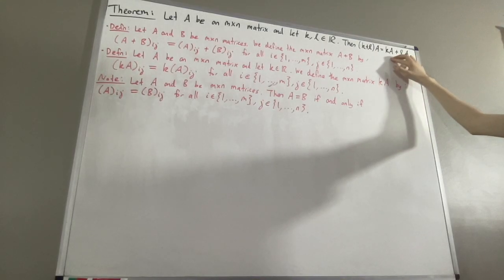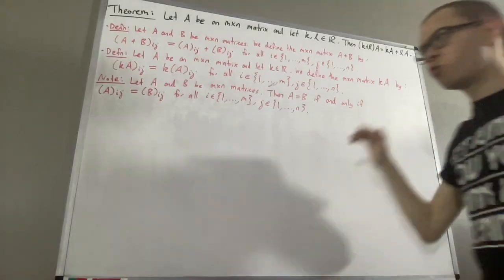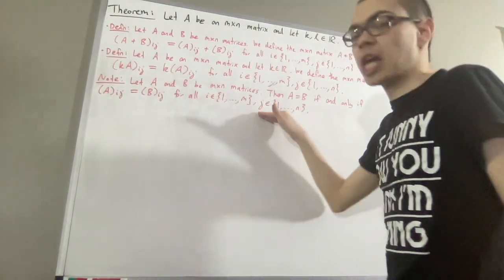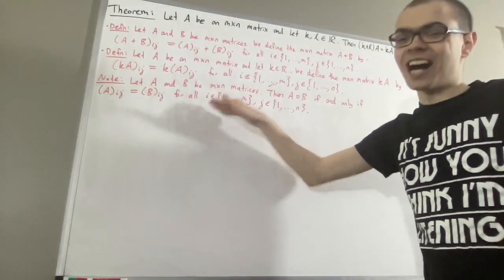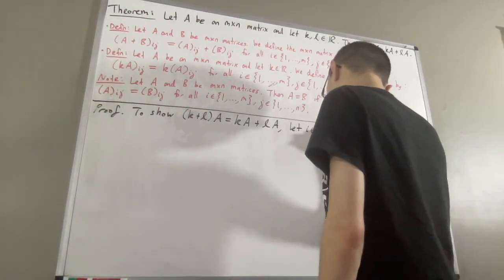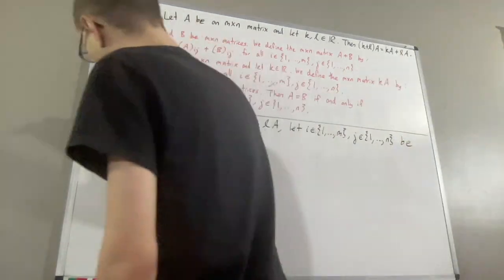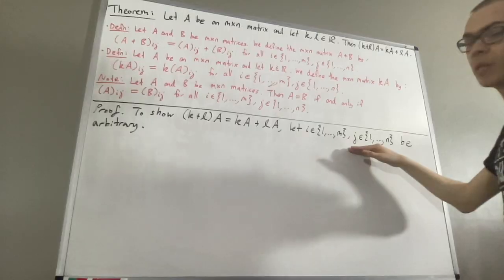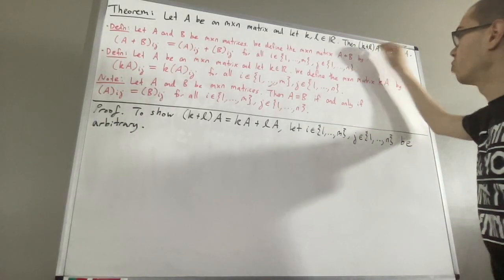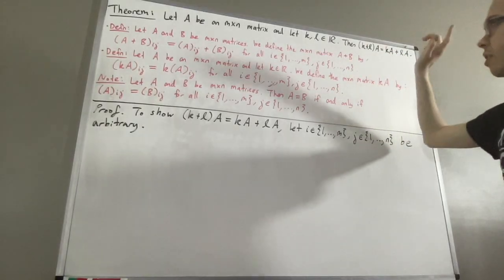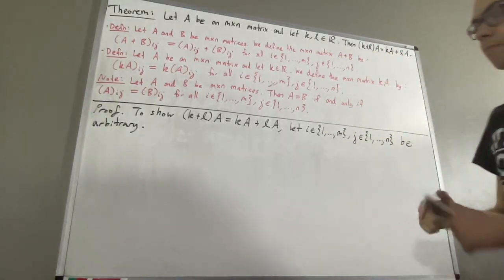So, to prove that, since we're trying to prove a statement about all i and j, let's give ourselves arbitrary i and j. With this arbitrary pair of i and j, we want to show that the ij entries of these two matrices are equal. So let's start out by writing the ij entry of this matrix.